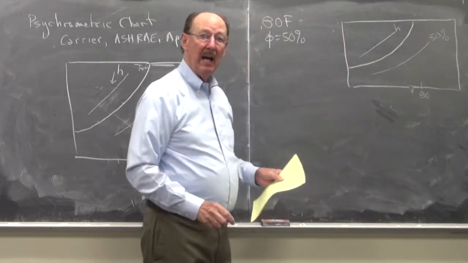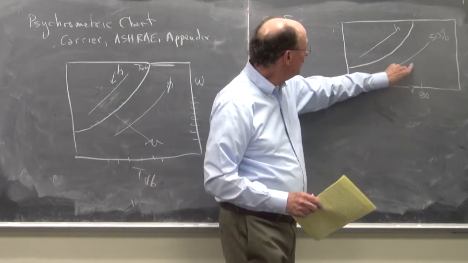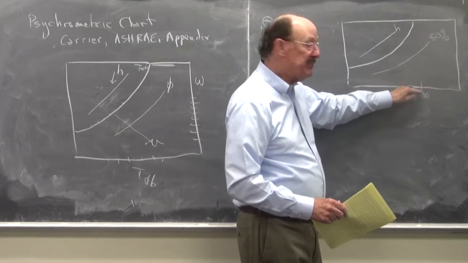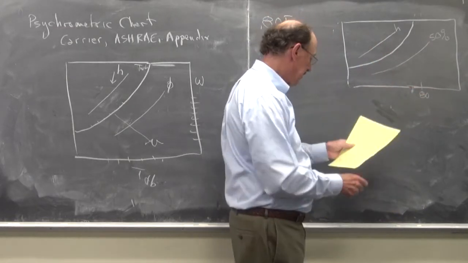The first thing I'd like you to do is look and see, here's this line of 50%, here's 80 degrees Fahrenheit, here's the enthalpy, and the enthalpy lines look like this.